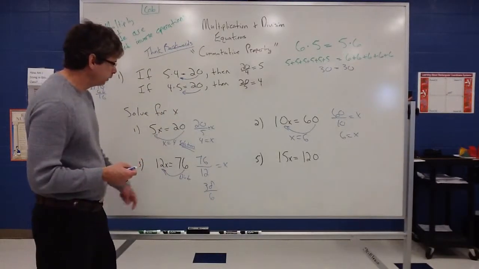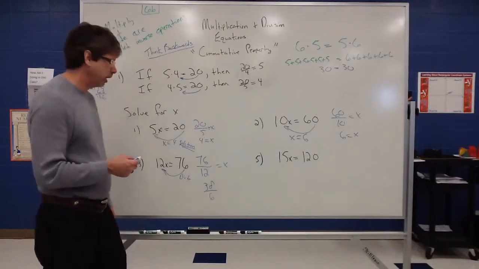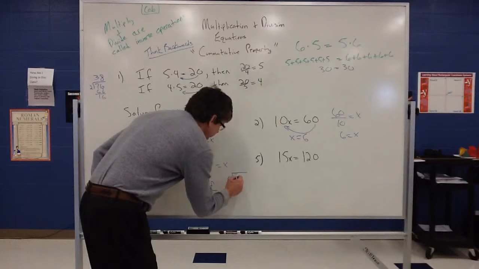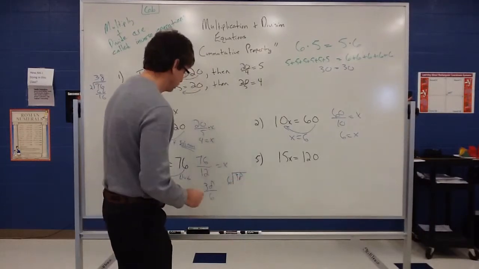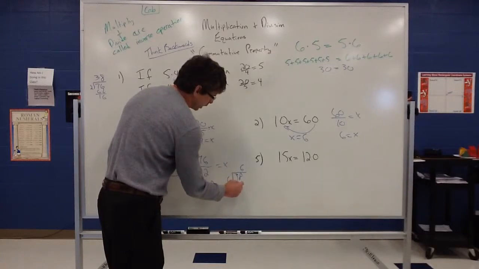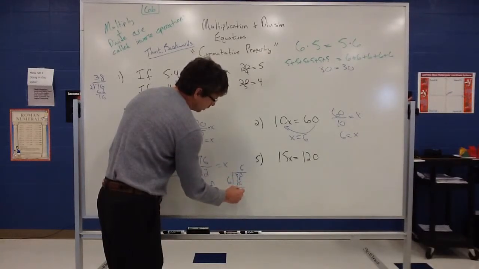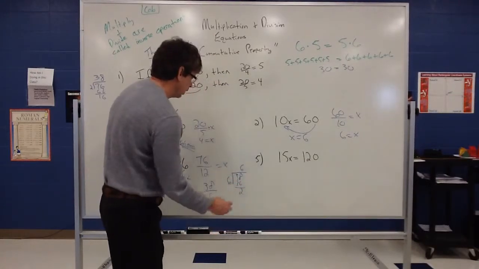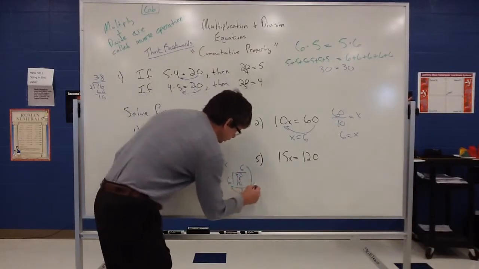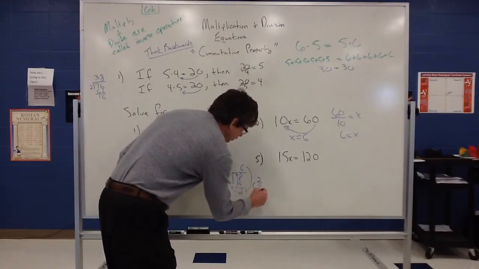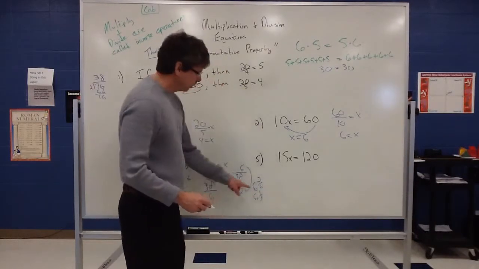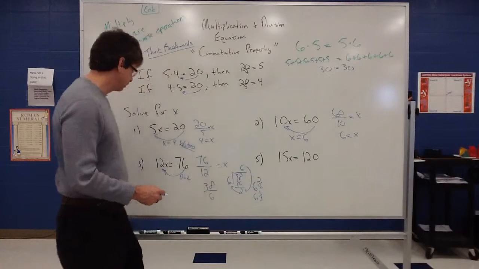So what I could do then is just divide 38 by 6 now. 6 goes into 38 6 times, and I get a remainder of 2. And I could say then 6 and 2/6, which I also could say is 6 and 1/3, since that fraction does reduce.